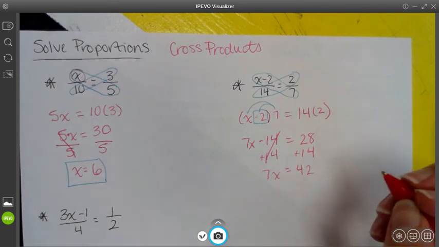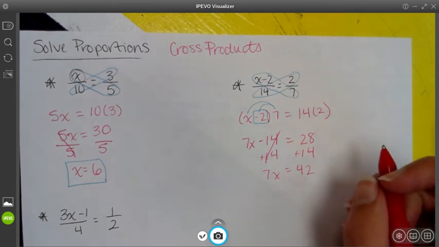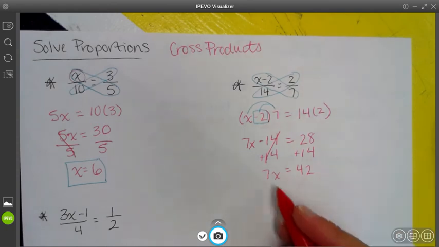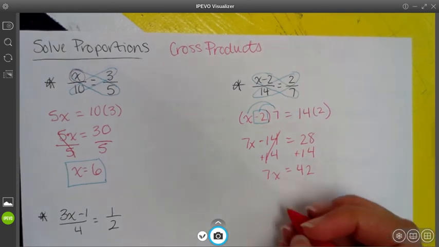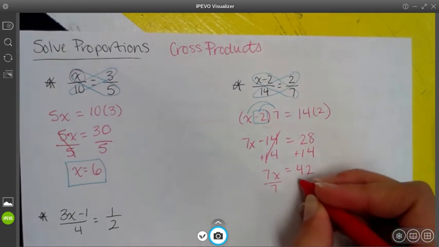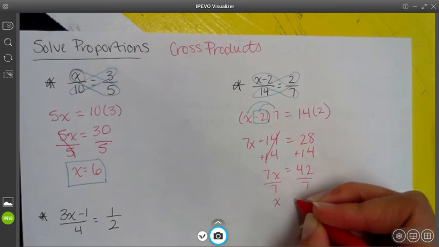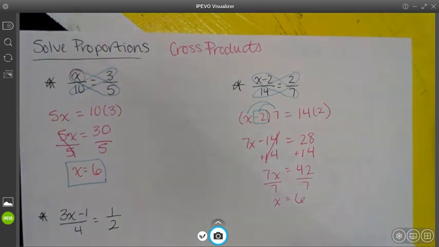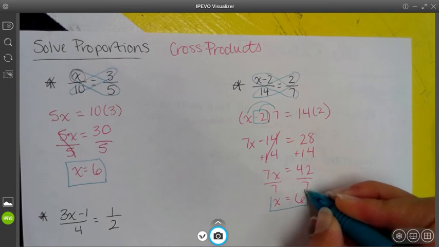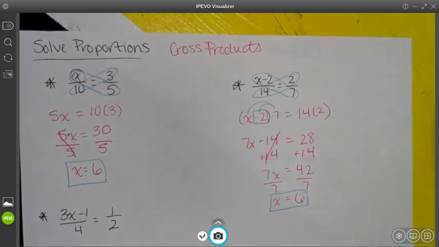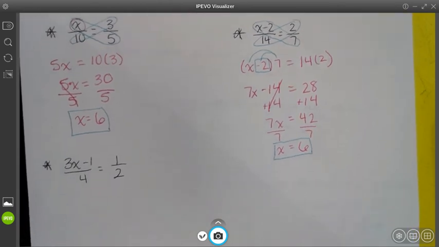Now I have 7x equals 42. Undo the multiplication by 7 by dividing by 7, and I get x equals 6. And that would be my answer. Not too bad, huh?